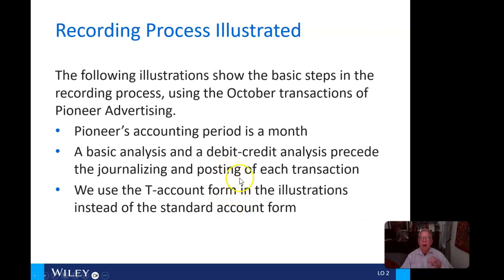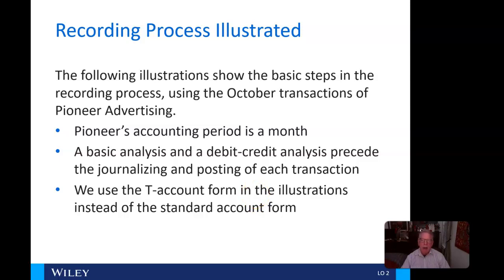Okay, the following illustrations are going to show the basic steps in that recording process. And we're going to use October transactions of Pioneer Advertising. The period that Pioneer uses is monthly. That isn't always the case in corporations, but for this course, I think most of the examples are monthly.